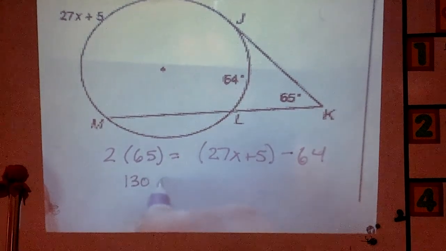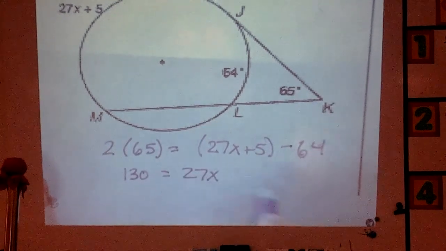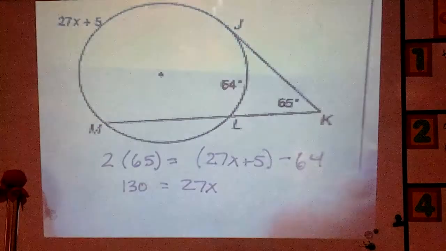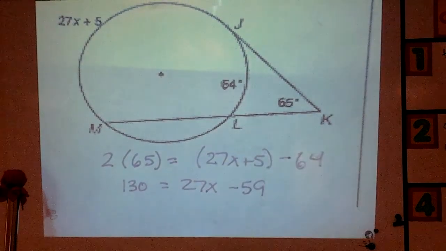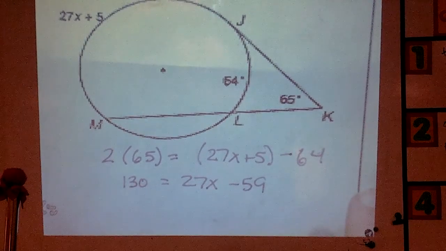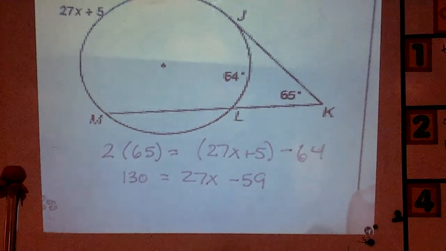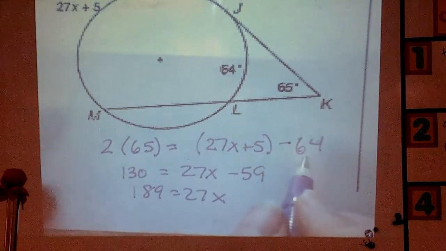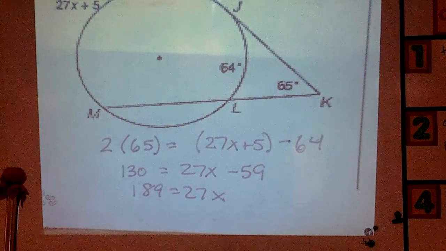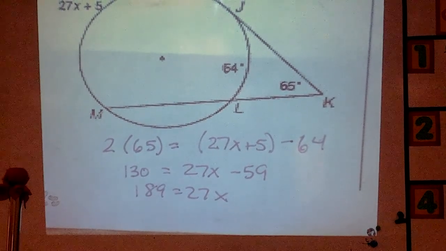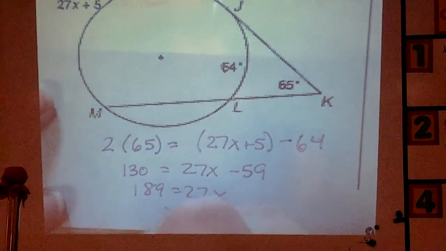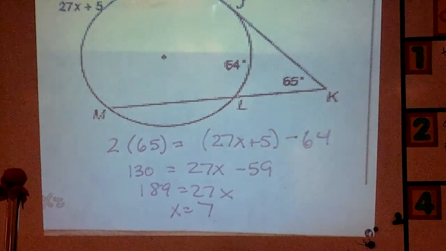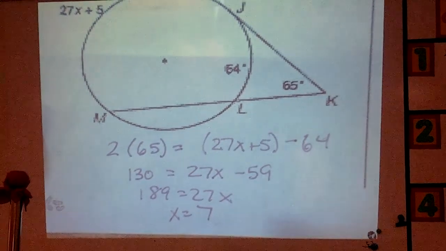So I get 130 equals 27x. And then I'm going to go ahead and combine 5 minus 64 is -59. Add 59. And divide by 27. And I get 7. And my question is, what is x? I found x, and I can move on.